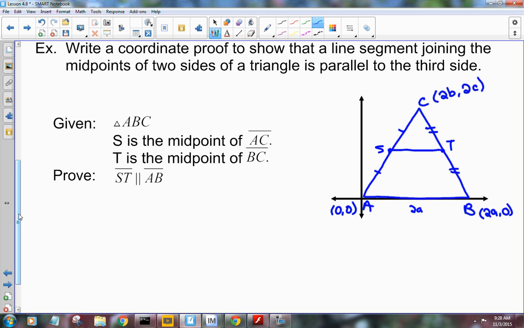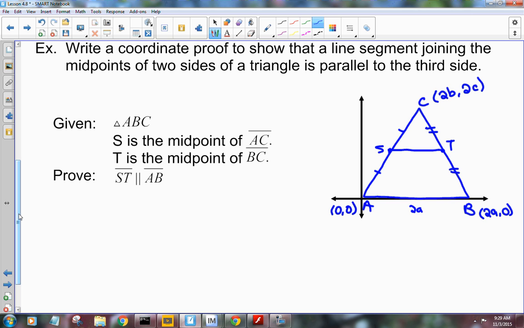Now, these are midpoints. S is a midpoint, and T is a midpoint. So how do we find the midpoint of a segment? Remember? Midpoint, what do we do? Add together and take the average of the endpoints. When you average something, what do you do? Add and divide, right? Add together and divide by 2. So if I want to find the midpoint of AC, I'm going to add these coordinates together and divide by 2.